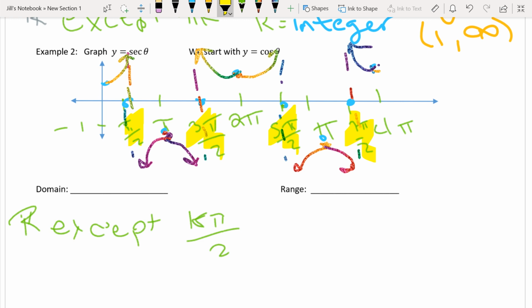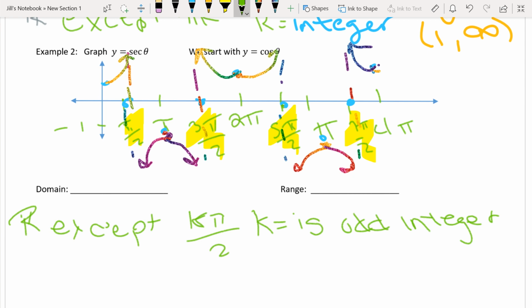So we're going to exclude all the multiples of pi over 2, where K is an odd integer. You can see, I'm not putting an asymptote at 4 pi over 2. K can't be 4 because 4 pi over 2 would be 2 pi.